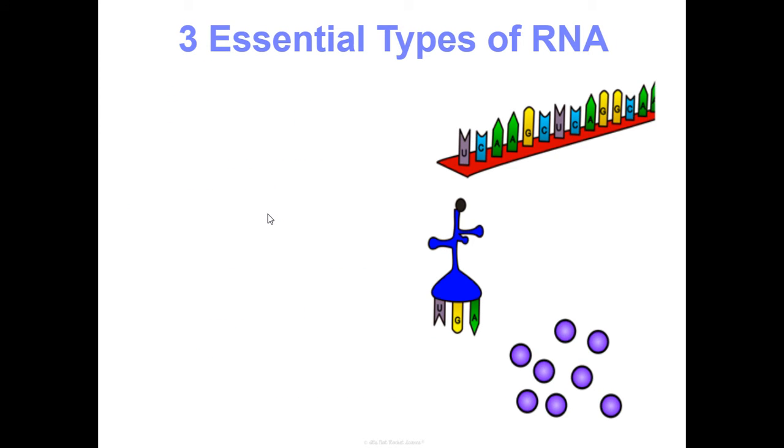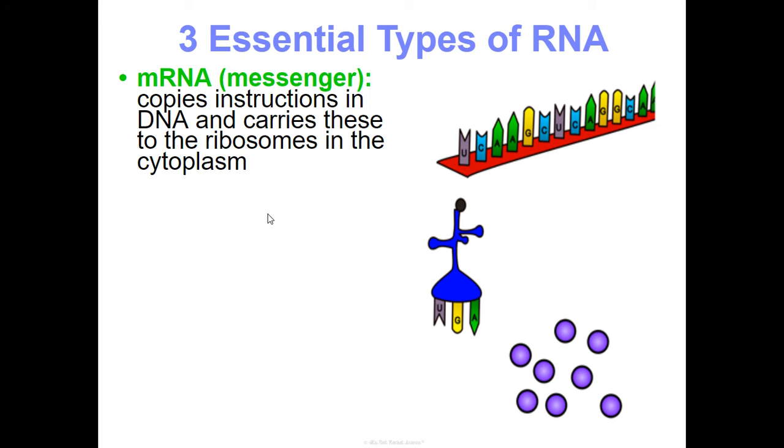Now, there are three types of RNA that are involved in each of these processes. The first type is called mRNA or messenger RNA. This is that single stranded RNA that we've talked about. It's going to copy the instructions of DNA and carry it to the ribosome.